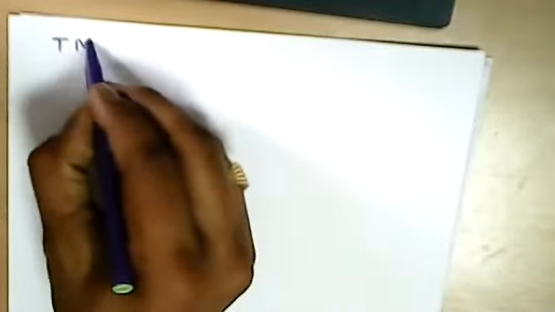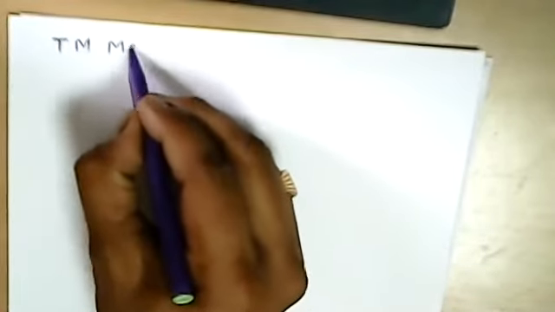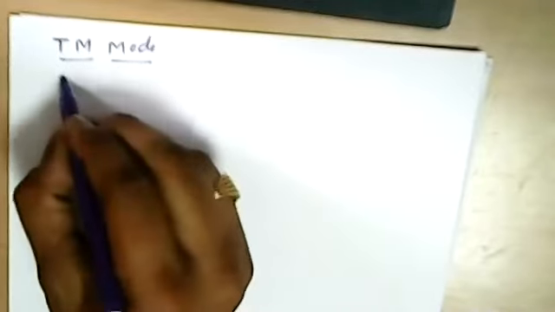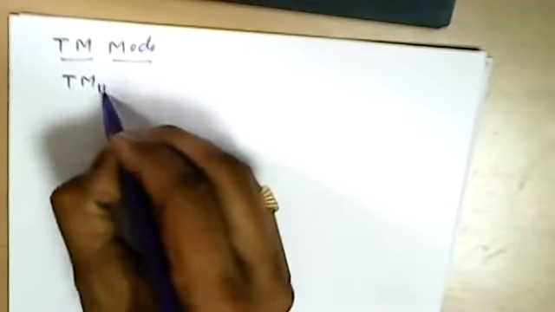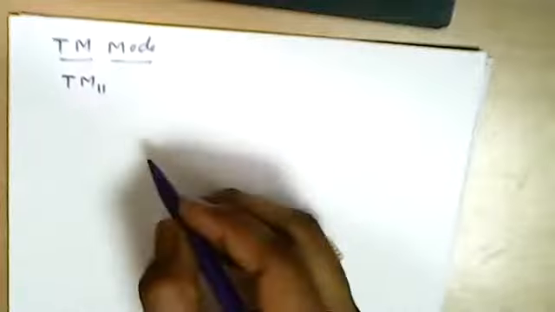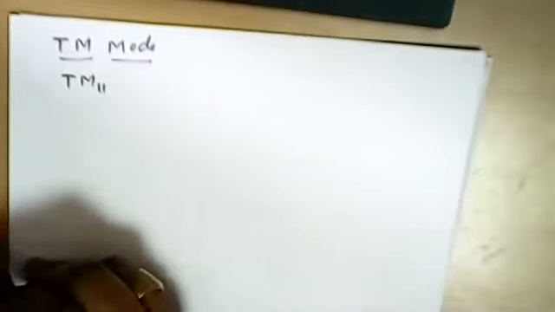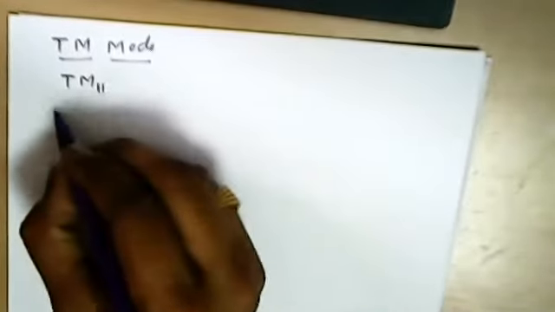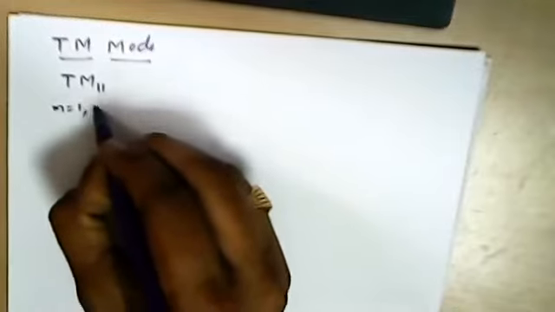Okay, and now I'm going to see, for the TM modes, which is the dominant mode. As I have told, for the case of TM modes, the first three are not existing; only from TM11 onwards the modes exist. So it takes the value m equal to 1 and n equal to 1.